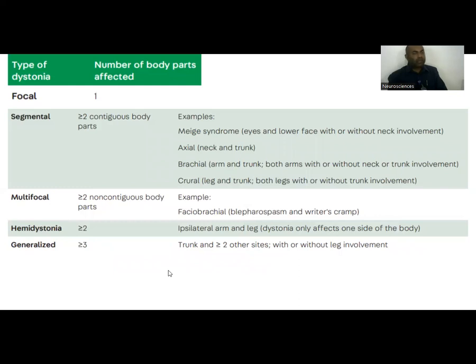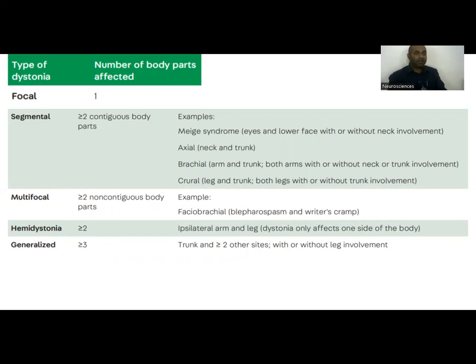So focal dystonia is when only one body region is involved. Segmental is two or more contiguous body parts. So if the upper and lower face is involved, it's a segmental dystonia. Classically, it's Meige syndrome. Axial neck and trunk, segmental. Arm and trunk, leg and trunk.